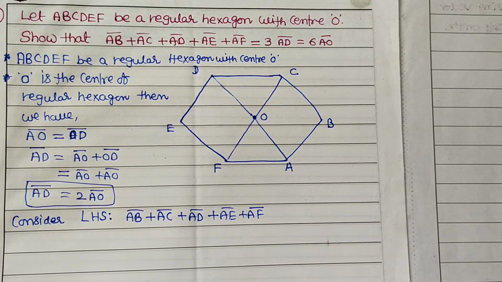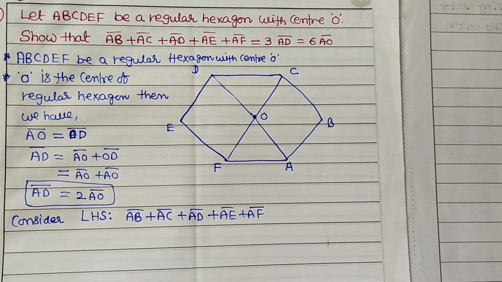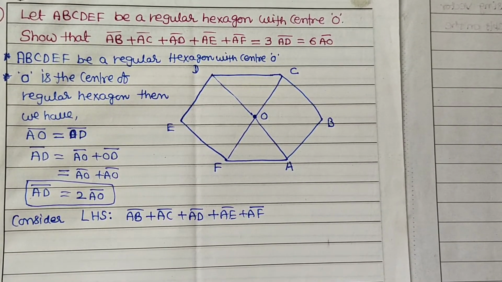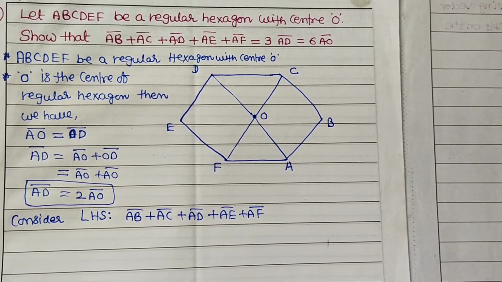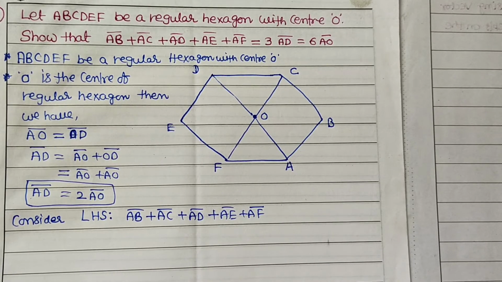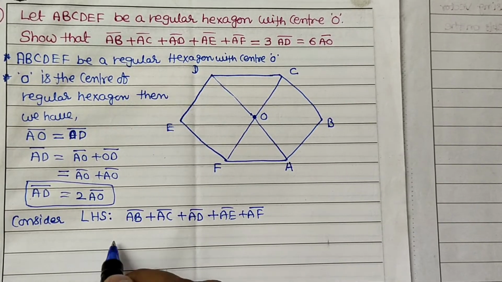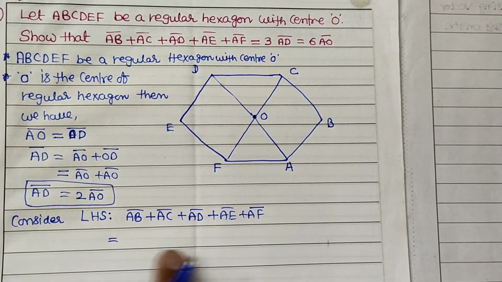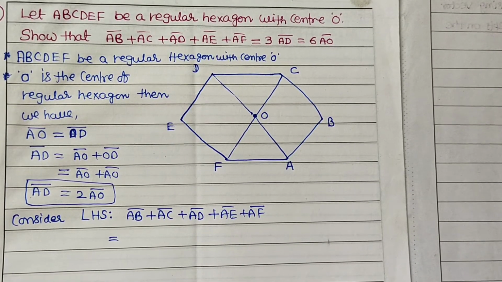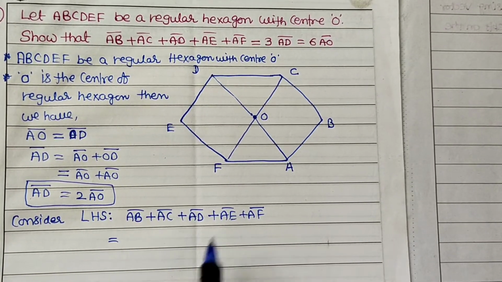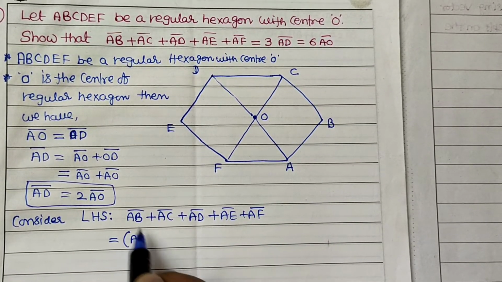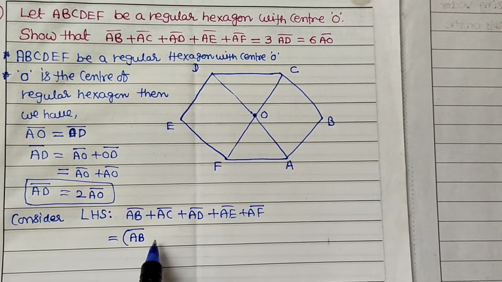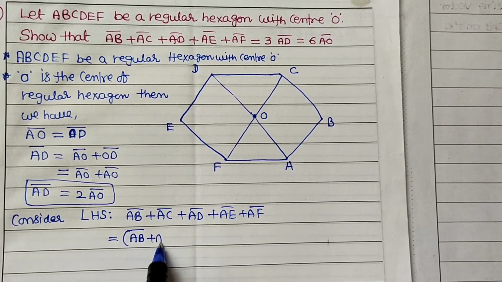So here observe carefully. Total 5 are there now. Two vectors I am considering as one vector. So here AB plus AE I am taking.